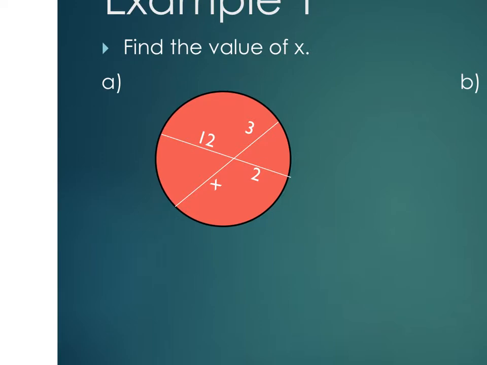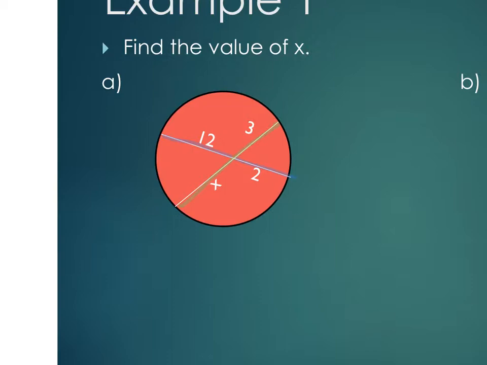So this was the first theorem we saw, where the products of the segments of the chords were equal. So I have a chord here going across this way, and then I have another chord going across this way. So I'm going to take each one of the segments and multiply them.